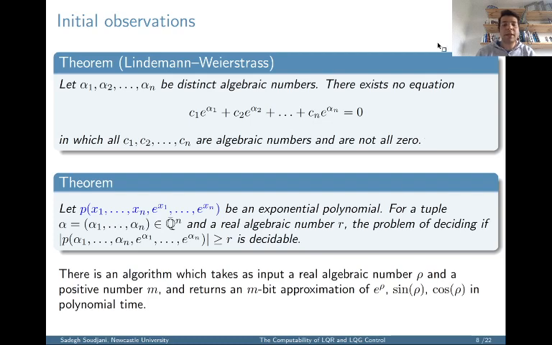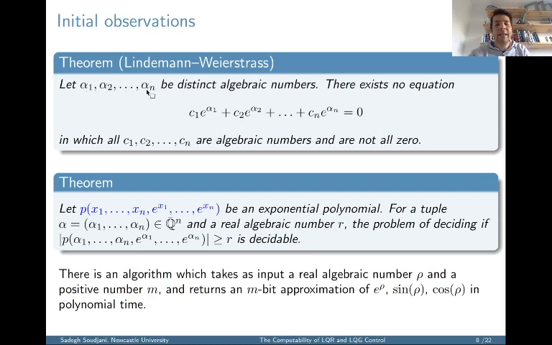To establish this, we need a theorem from Lindemann and Weierstrass, and it's essentially telling us how to judge equalities that involve exponents of algebraic numbers.